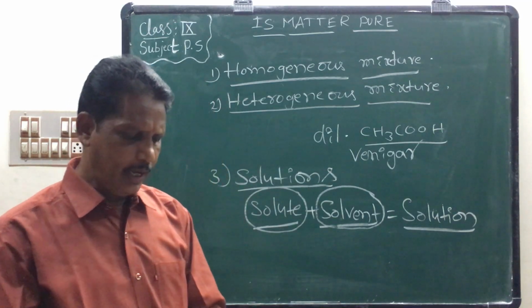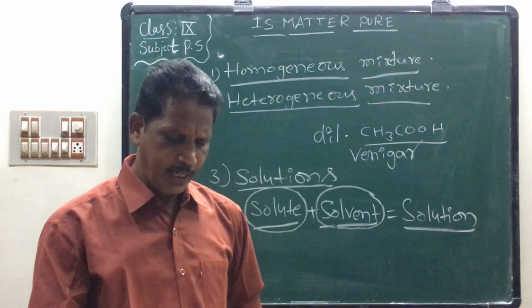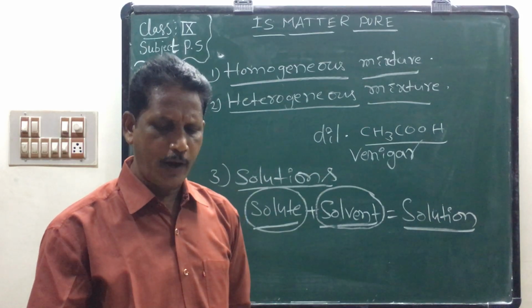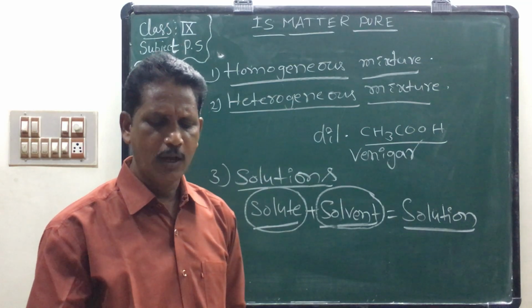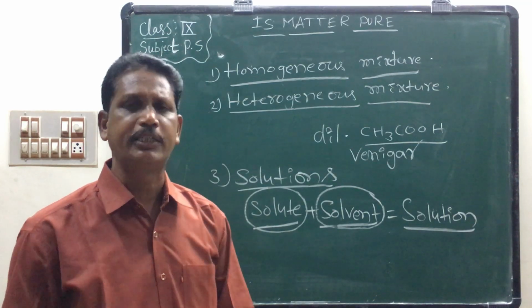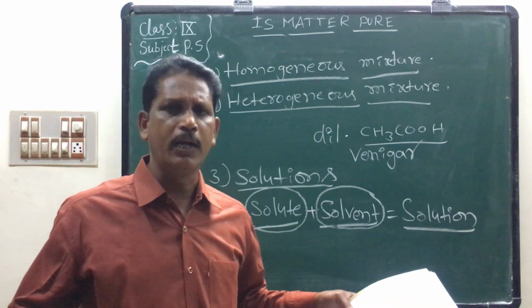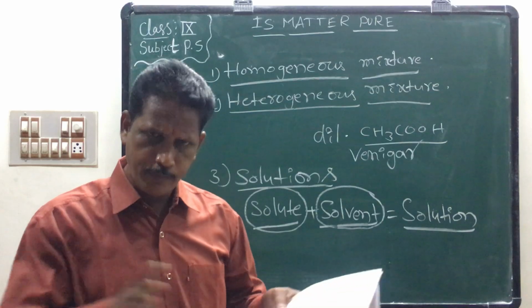Page number 40, solutions. Homogeneous mixtures are two or more substances from which you cannot separate the components by the process of filtration. We cannot separate the components of a homogeneous mixture by filtration.